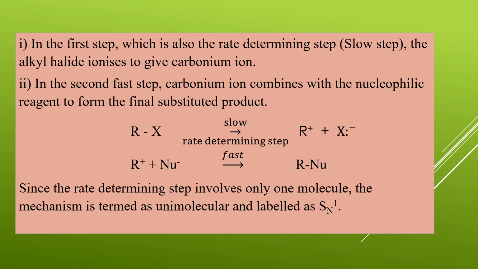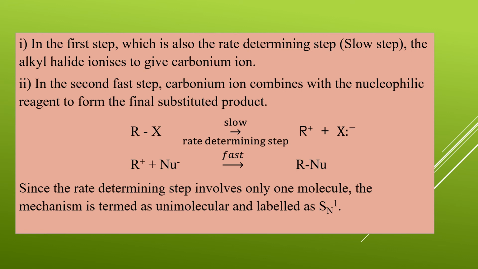What is R+? It is called carbonium ion. So RX is being ionized into R+ plus X-. This is the first step, the slow step, or what is it also called? Rate determining step.